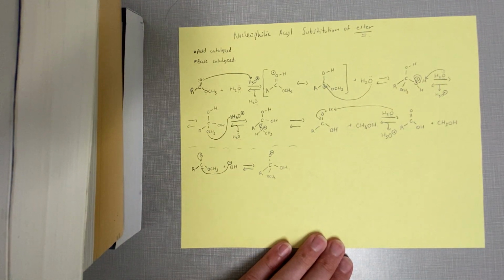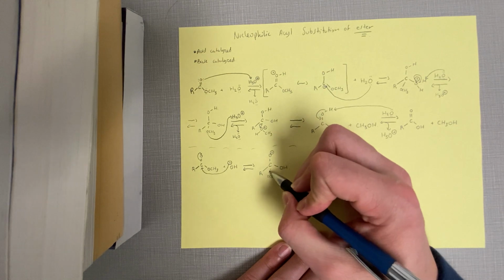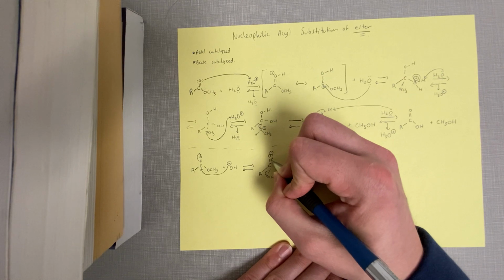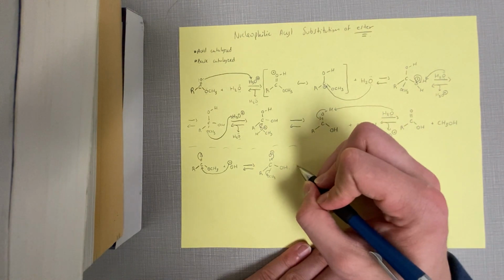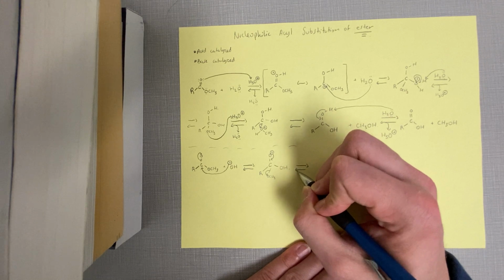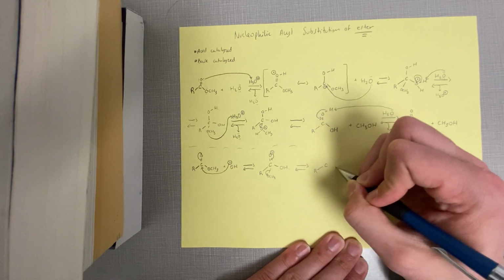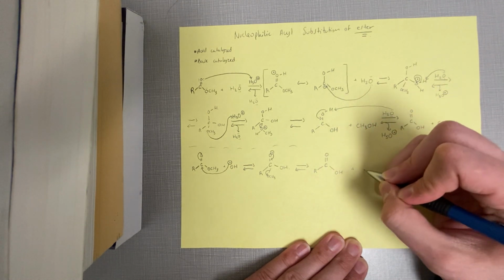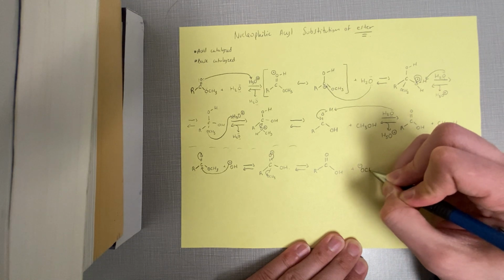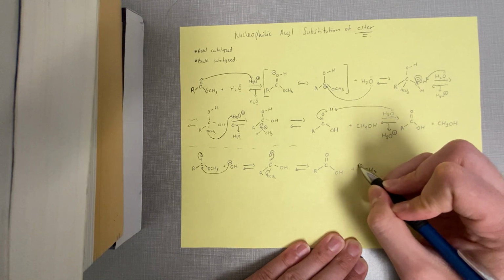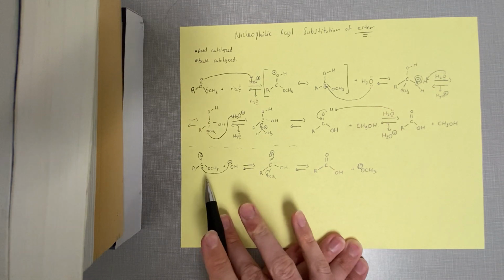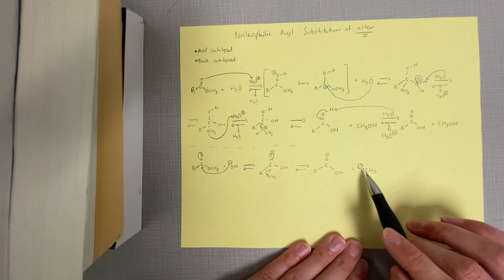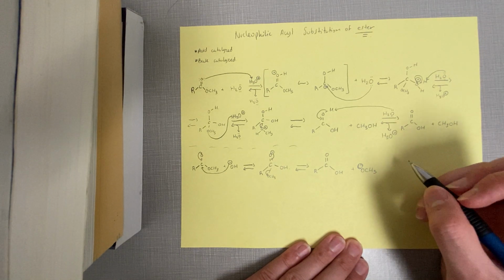And now after that, this is ready to leave. This goes down, giving us this product. But we are not done here. For the base catalyzed hydrolysis of an ester, we will end up with a product with a carboxylic acid.